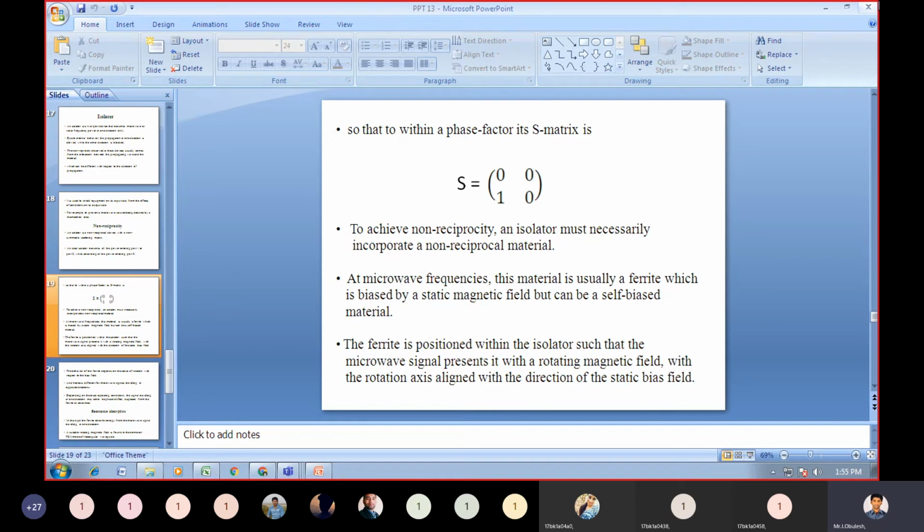Assume that at microwave frequencies, this material is usually a ferrite which is biased by a static magnetic field, but it can be a self-biased material.